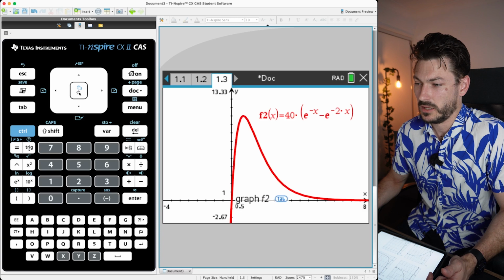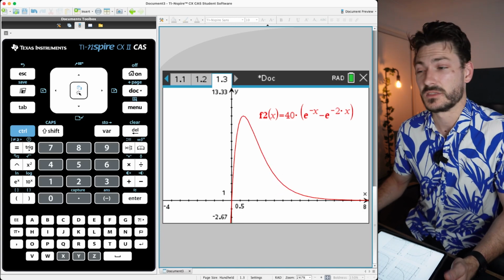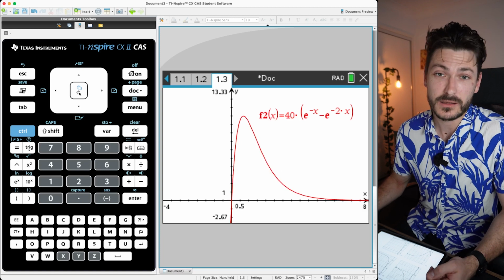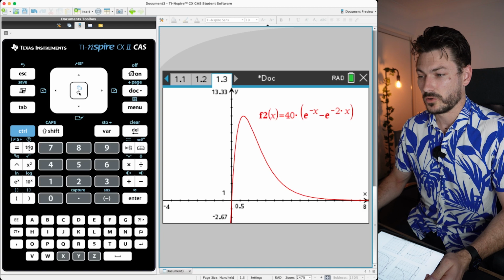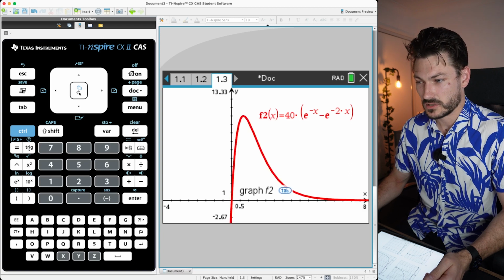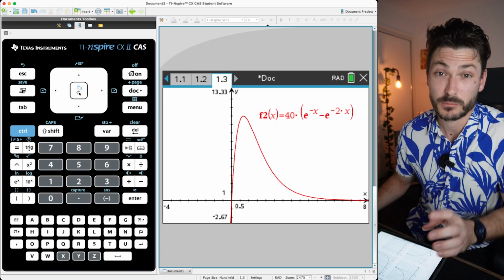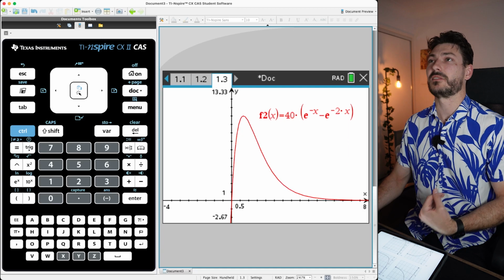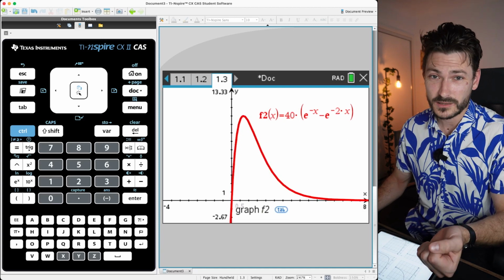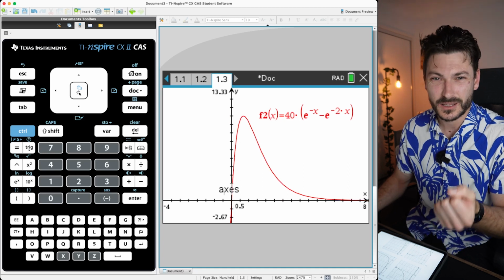Now, what I want to do is recognize that this is the derivative. So this function tells me about the gradient of the original function, the primitive function. So when this function goes to the left, so negative t values, which of course can't really happen, but it helps us understand the graph, those values are negative, which indicates to me that the gradient to the left of the origin of the original function should have a negative gradient.